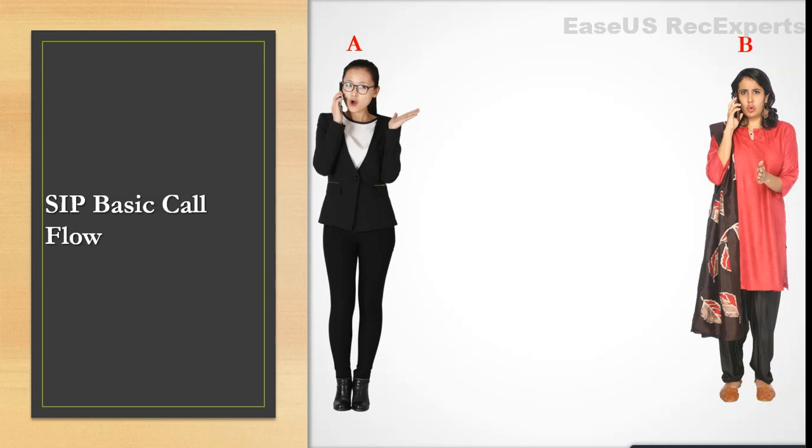So we'll see and learn them gradually and slowly. So today is just a basic call flow between two endpoints when they are trying to communicate with each other over SIP, right? So let's start.